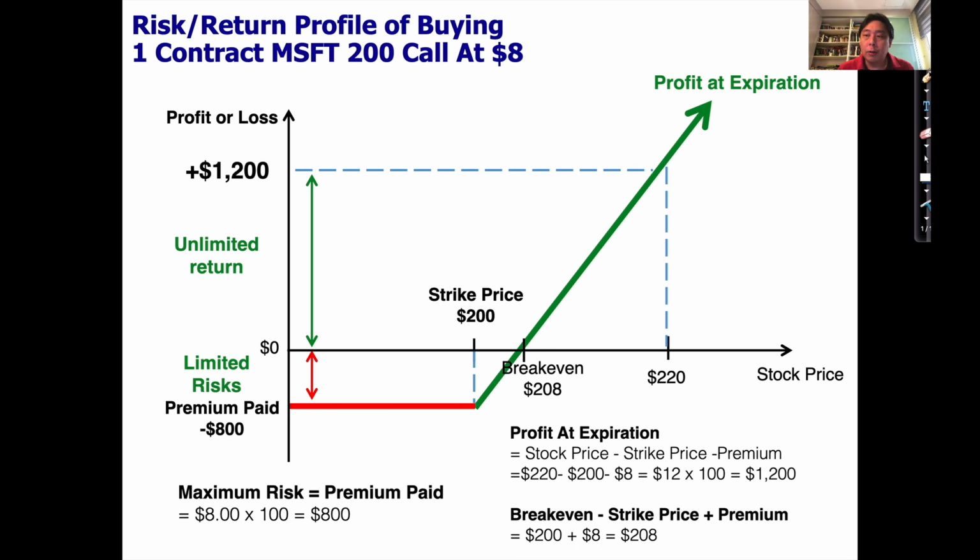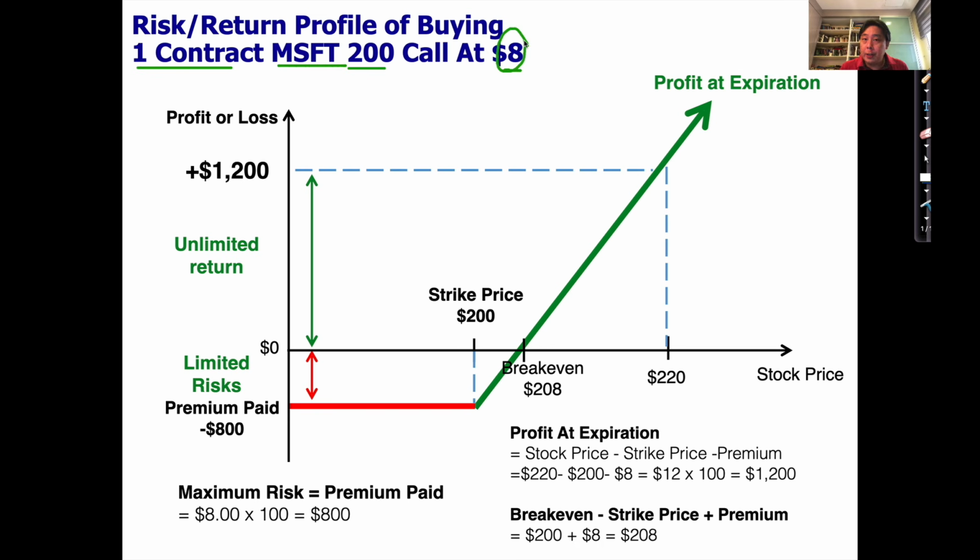Why? In this case, imagine you're buying one contract of Microsoft call options at the $200 strike price, and you pay a premium of $8. Now, when you buy a call option, what's the most you can lose? What's the max loss? The max loss would be the premium that you pay.